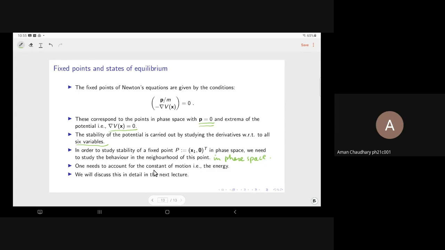Sir, if energy is the value of the Hamiltonian evaluated on the phase trajectory, why do we have two names? Very good question. One is a function, the other is a number. The Hamiltonian is a function of 6 variables in this example. Energy is just a number.